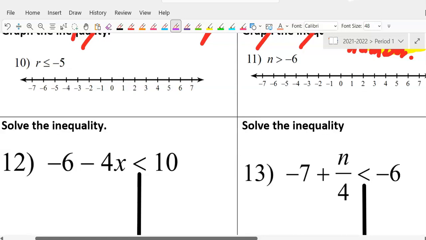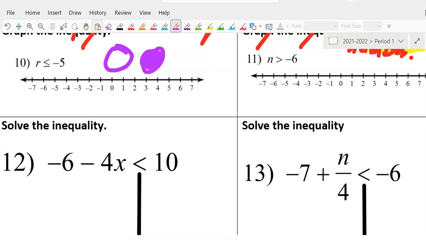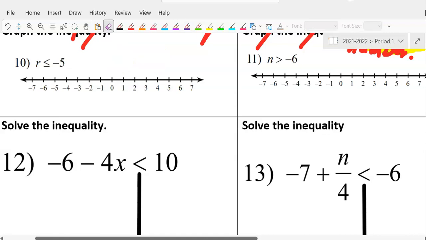Now, is it going to be an open dot or a closed dot? A closed dot. Okay, good. Now, can you tell us why? Because there's a line under the sign. Yep, very good. Because there's a line, and that means also equal to.